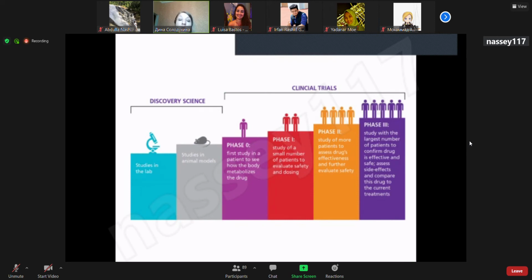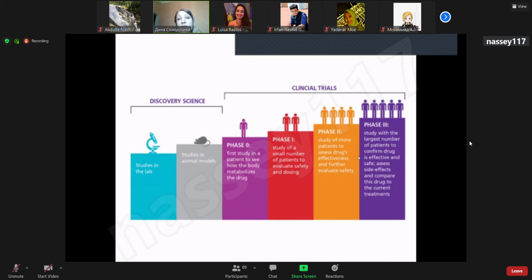You can look at the phases of a clinical trial. It starts with laboratory research, then continues in animals. Then we have a study which is called phase zero in a single patient or in single patients. And then we try in a small number of patients, more patients, and in a large group.